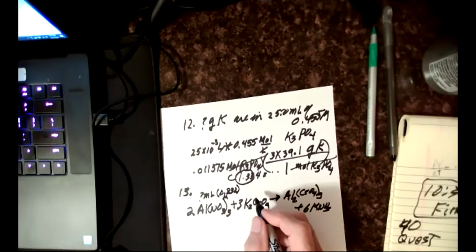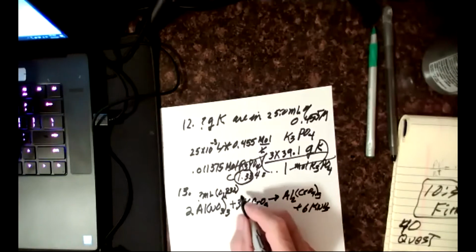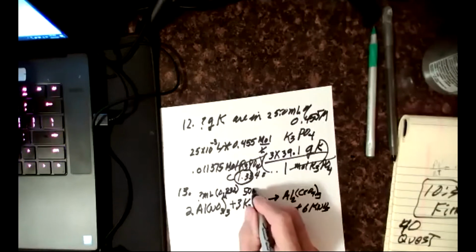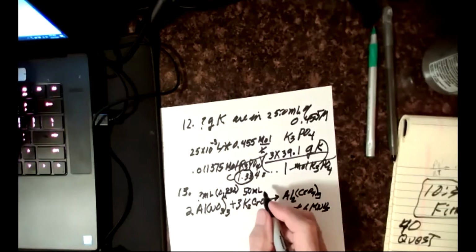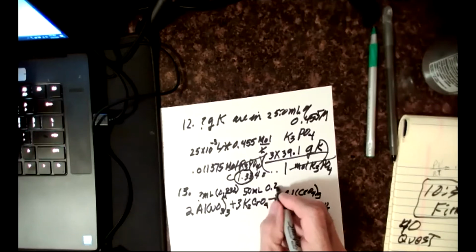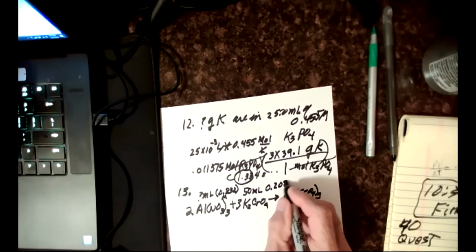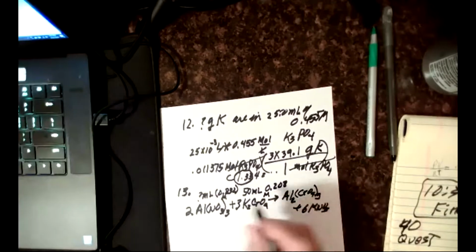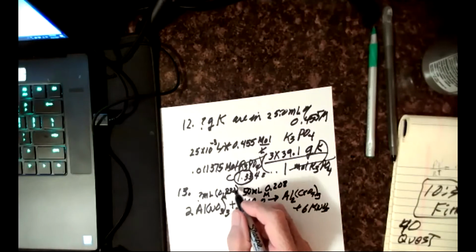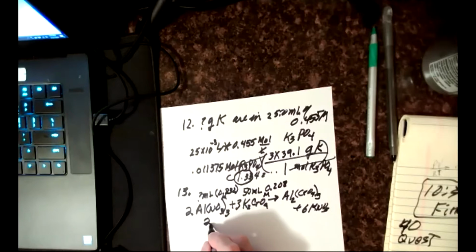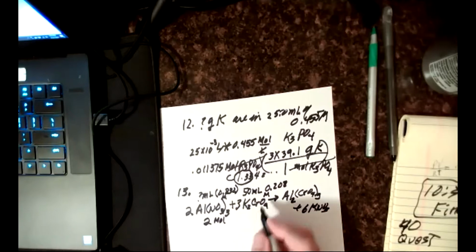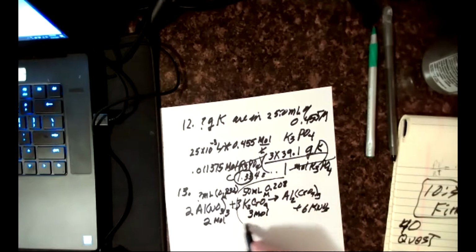Would be required to react with 50 milliliters of 0.208 molar chromic acid. Now, volume times molarity is moles. So the equation is showing 2 moles. Volume times molarity is moles. The equation is showing 3 moles. So this is my rebalancing factor for the potassium chromate and governs how much of everything that is used.